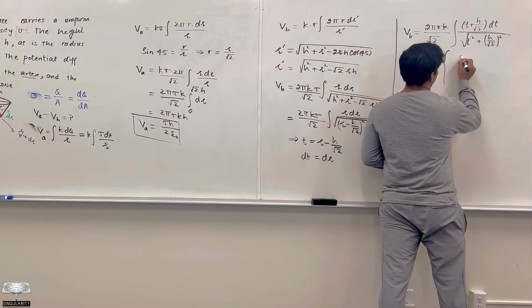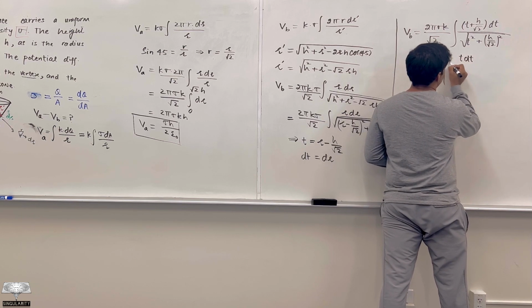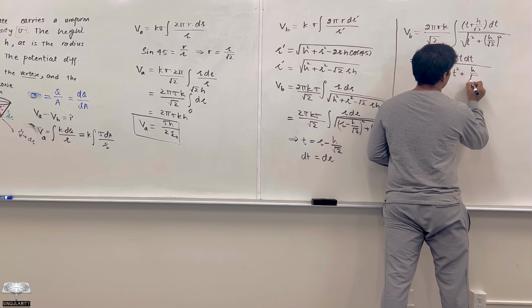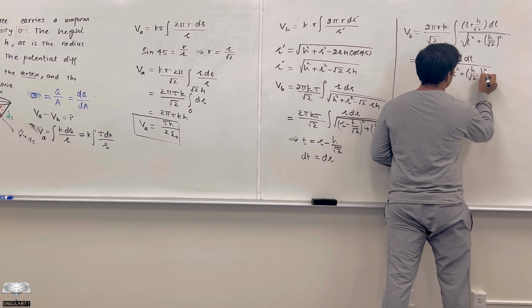So the first term will be t dt divided by the square root of t square plus (h by square root 2) square.